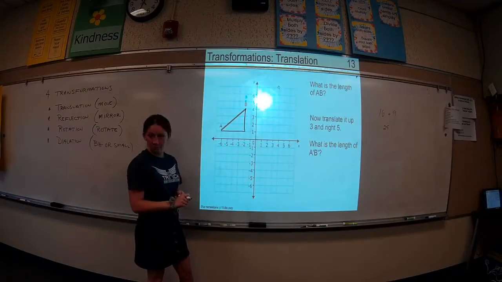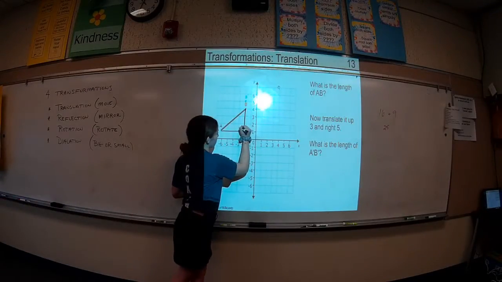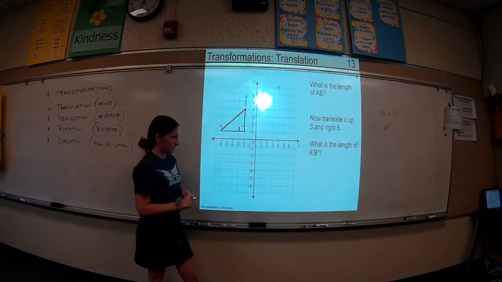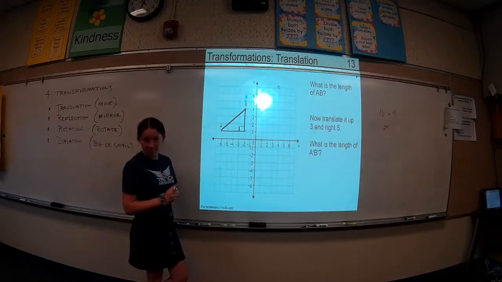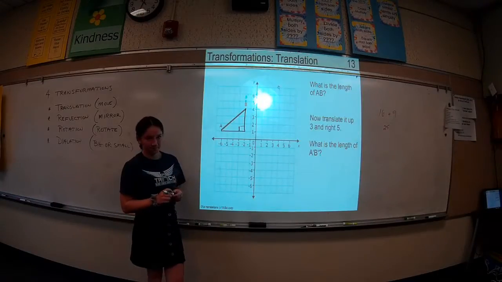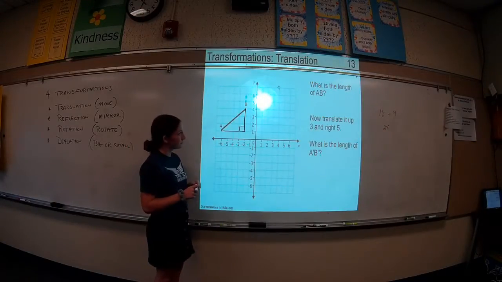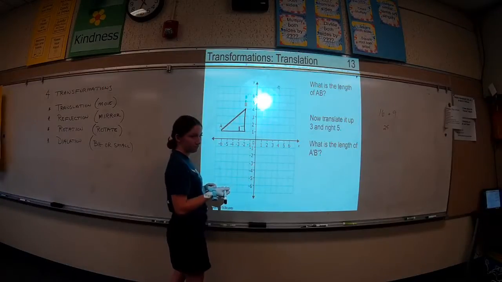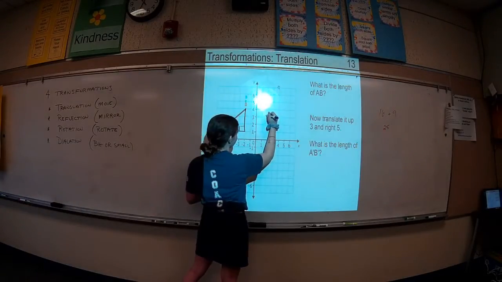And then make it a right triangle. Mark. And then you do the Pythagorean theorem and do 3 times 3, and then 4 times 4.